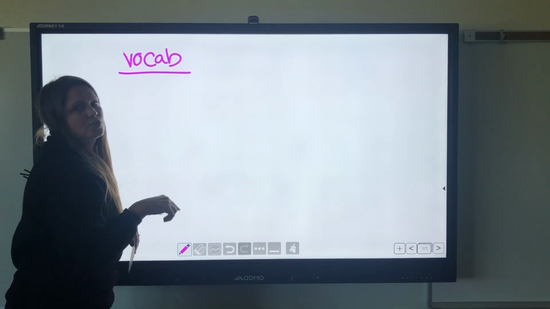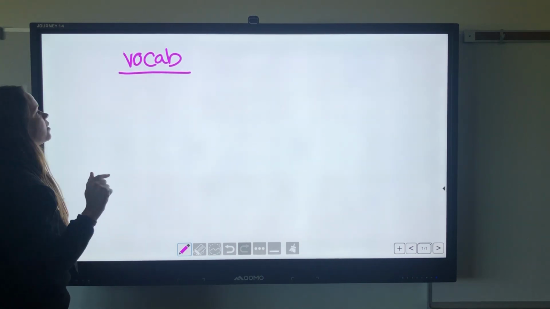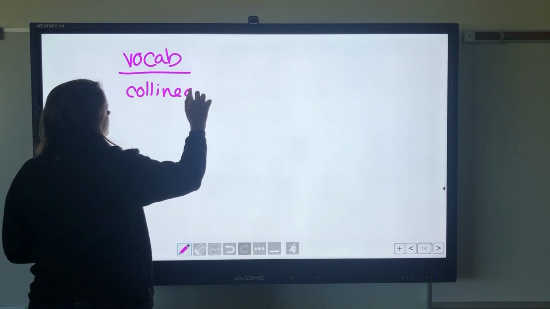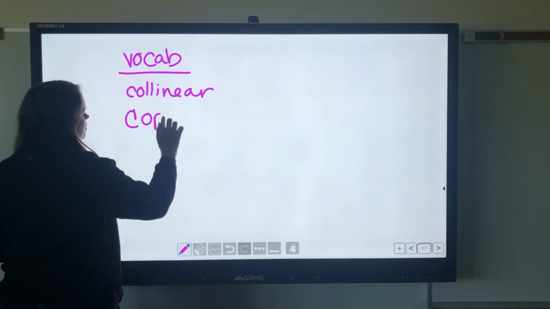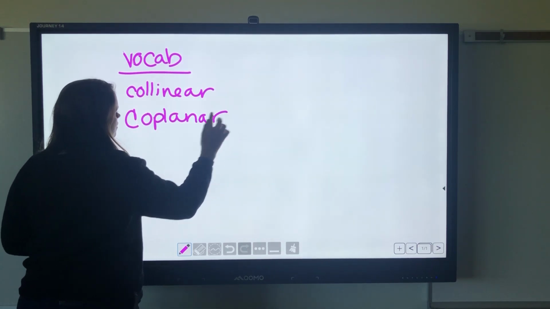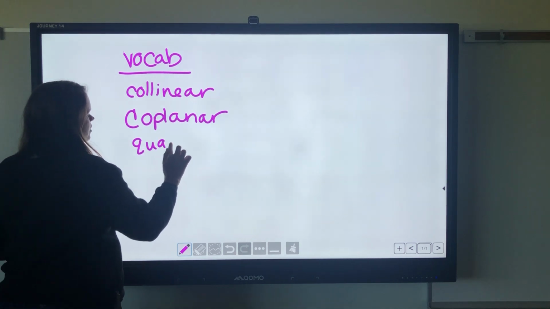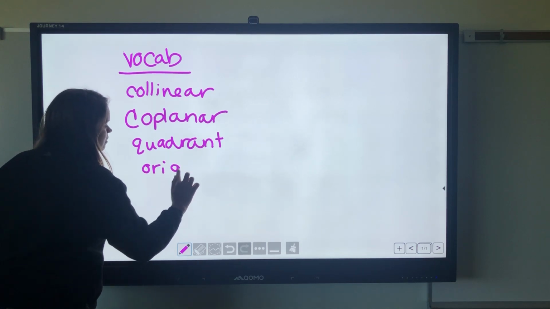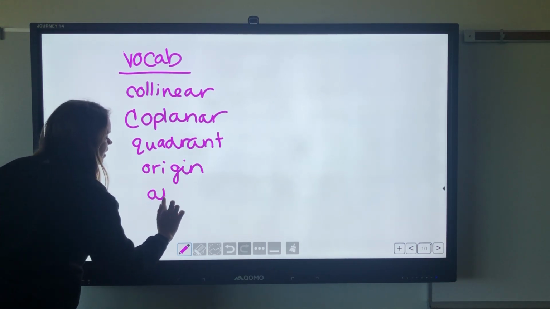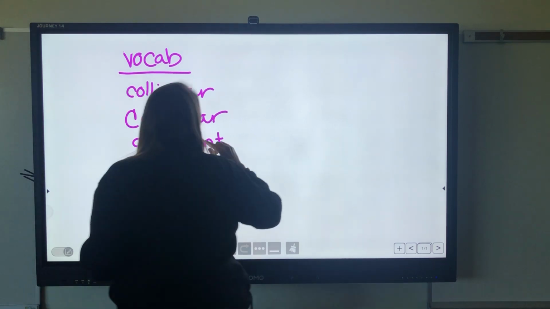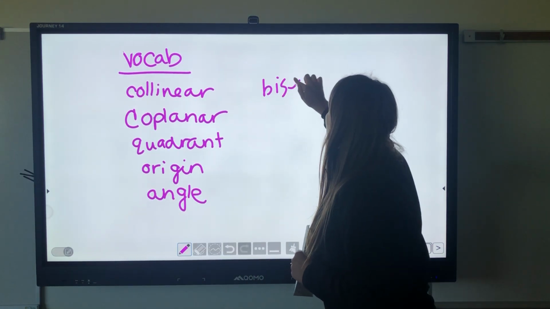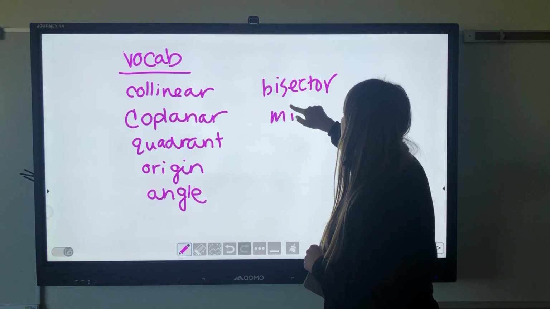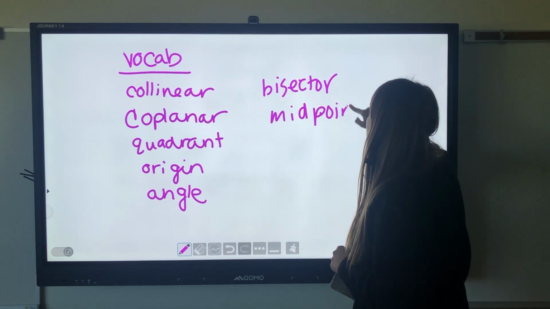And I'm not going to give you all the definitions. You can go back on your own and revisit those, but just a quick reminder, words like collinear, coplanar, all the words about quadrants, origin, let's see, the definition of an angle, the definition of a bisector, midpoint, what else?